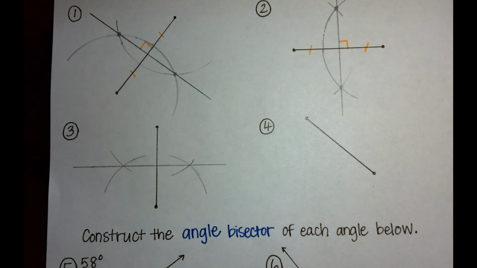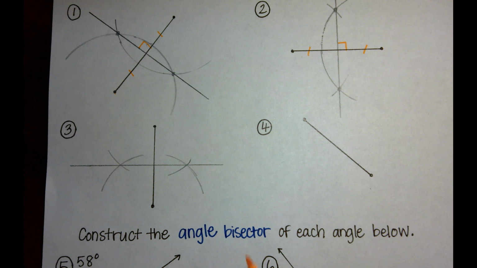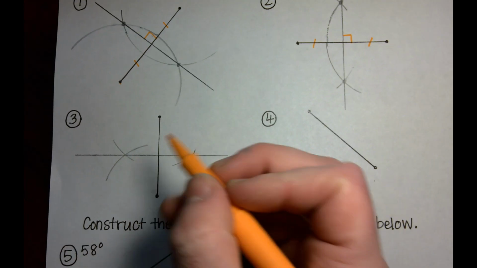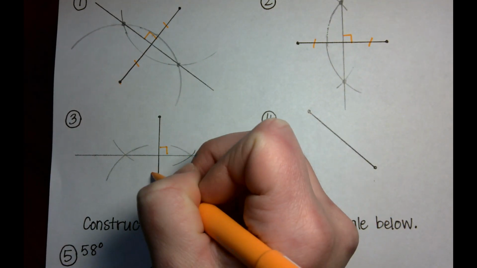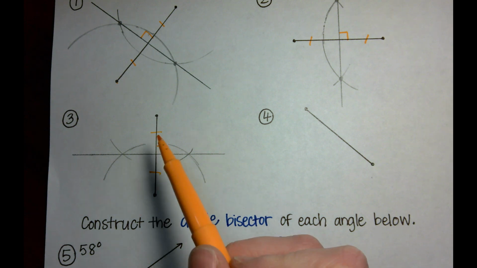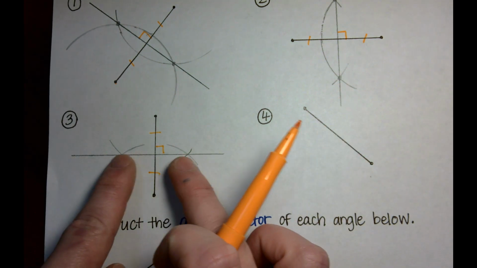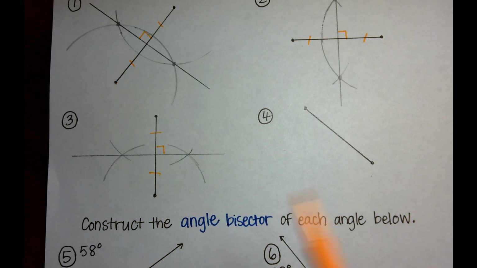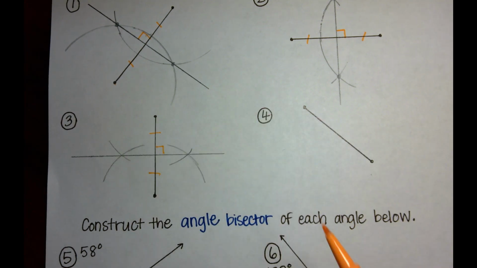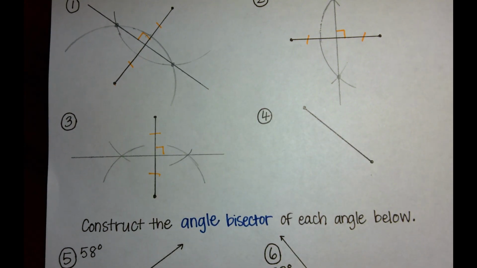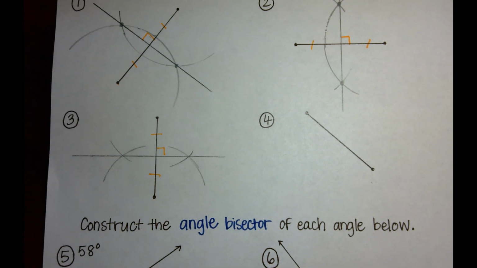Okay, and what are the two things I need to indicate it's a perpendicular bisector? Box and tick marks. Yes, box and tick marks. And remember, the tick marks go on the original line, because I don't know if these are the same length. I drew just a random line. It's the original line that's being separated. Good.